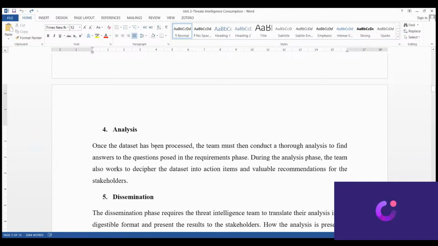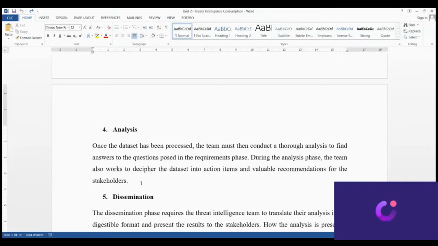Then we have analysis. Once the data has been processed, the team must then conduct an analysis to find the answers to the questions posed in the requirement phase. During the analysis phase, the team also works to turn the data set into action and valuable recommendations.